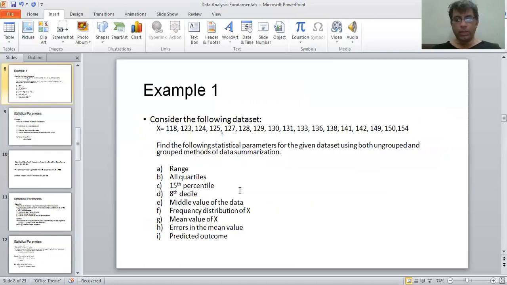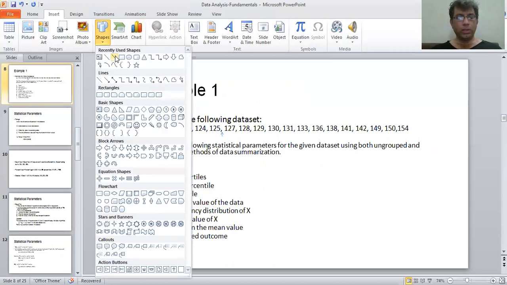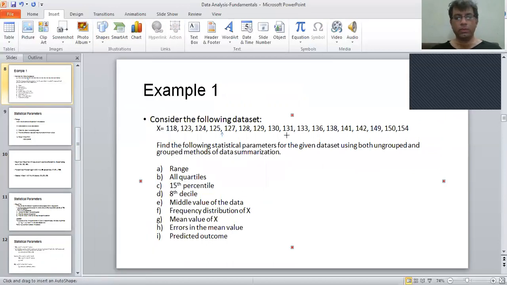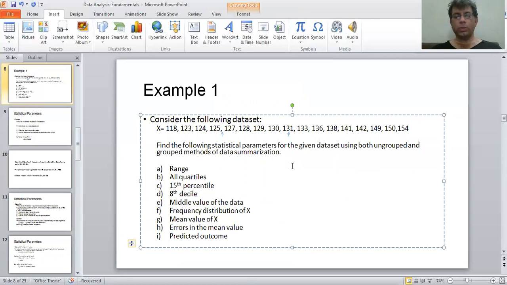So at the ninth location, if we count from here, at the first position we have 118, then 123. So this is second, then third, fourth, fifth, sixth, seventh, eighth, and ninth. So this is the ninth location, and we make a marker over here so we may remember what we are doing. On the ninth location, we have the value 131.